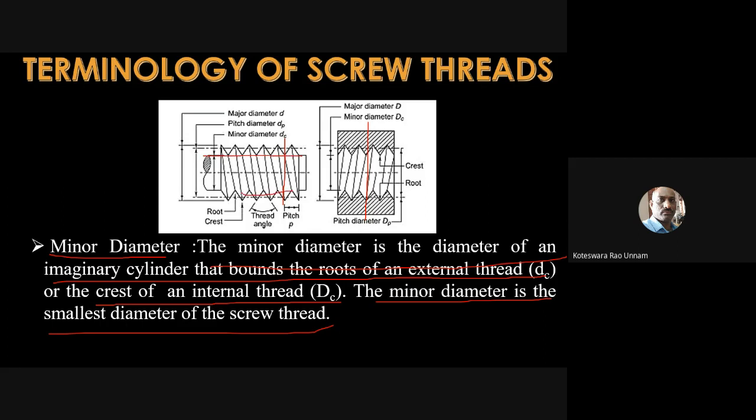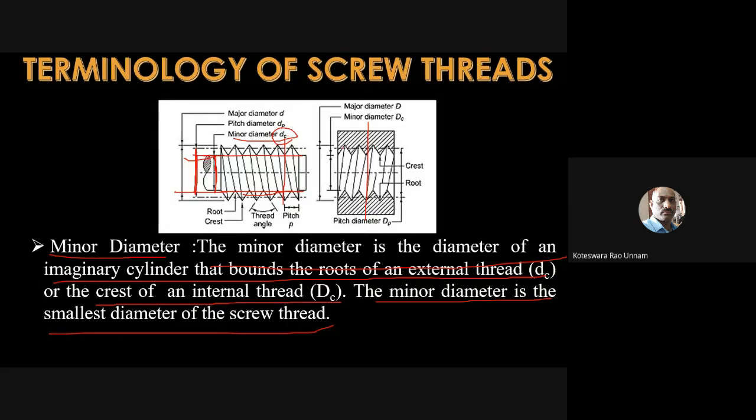So these are the roots, the lines joining the roots. Then this diameter, you can see that this diameter is going to be from here to here. This is going to be the minor diameter. You can see that it is shown something like this here. This is the minor diameter denoted by small dc.